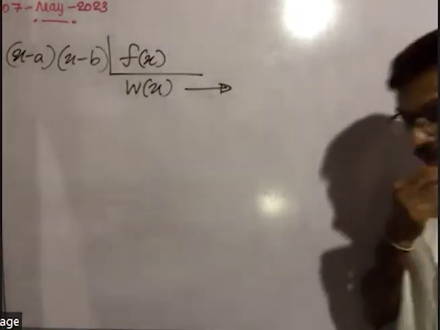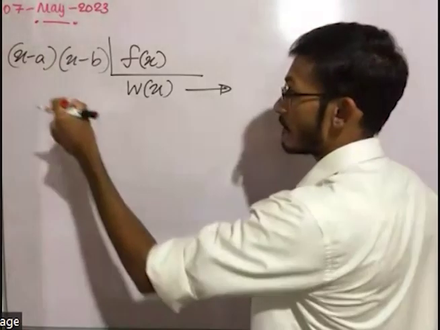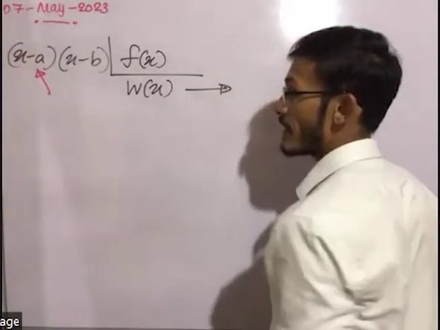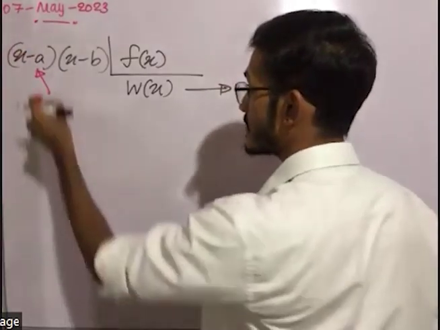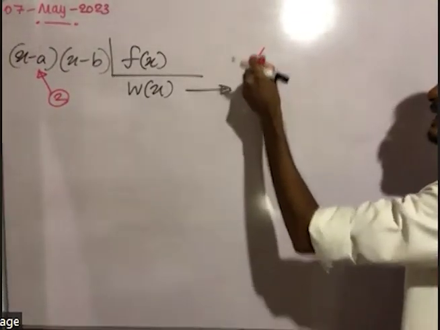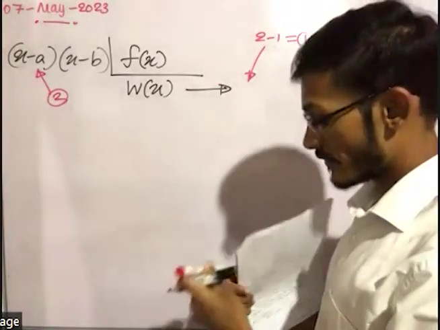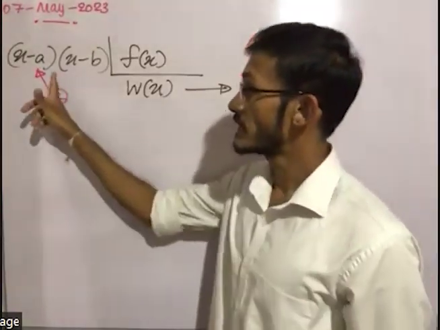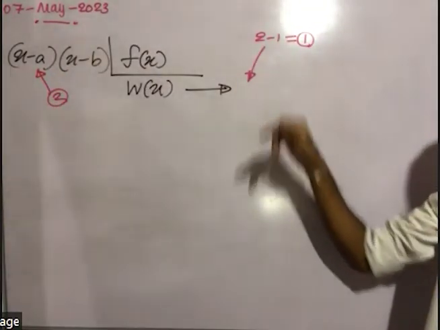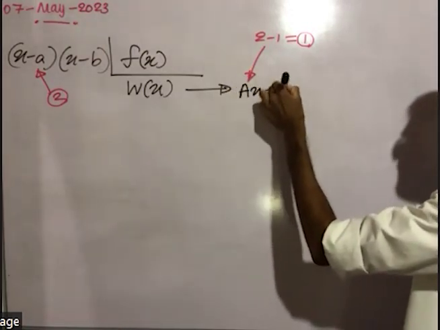We know from the previous lesson that if the degree of this divisor is 2, then the degree of the remainder is 2 minus 1, that is 1. So if the degree of the dividing function is n, then the degree of the remainder is n minus 1. So here we can write the remainder as Ax plus B.